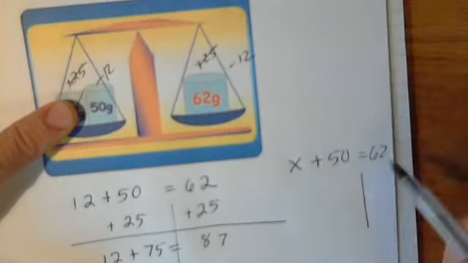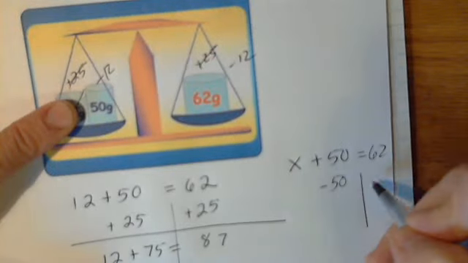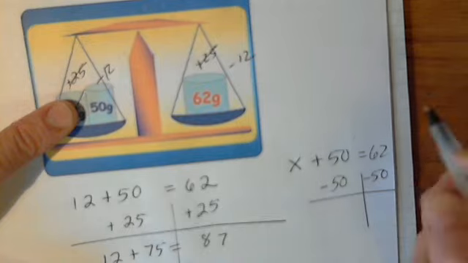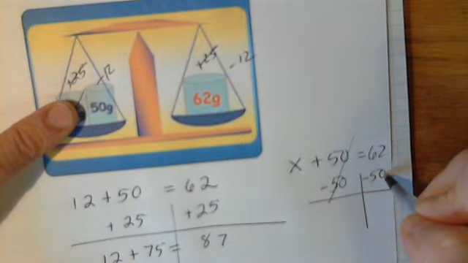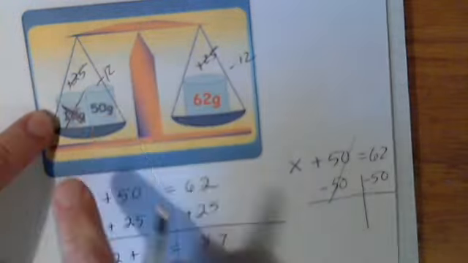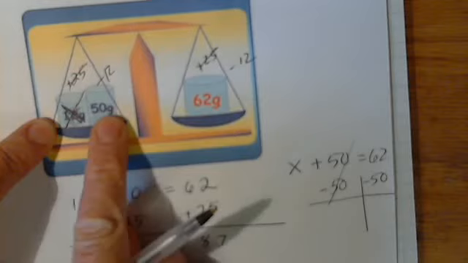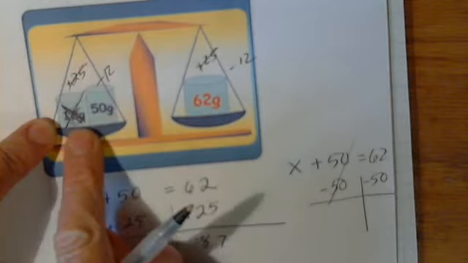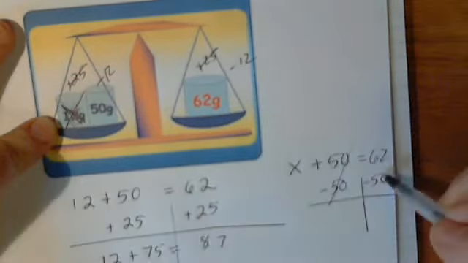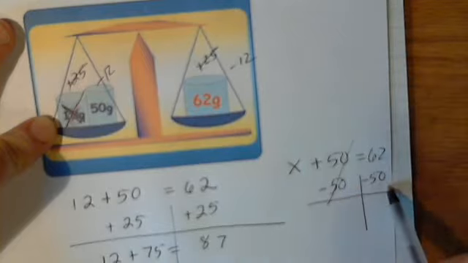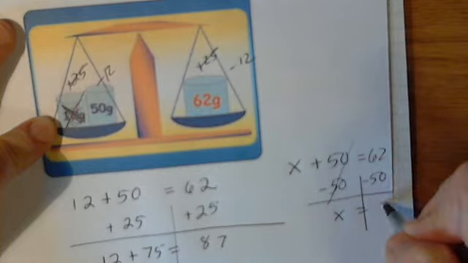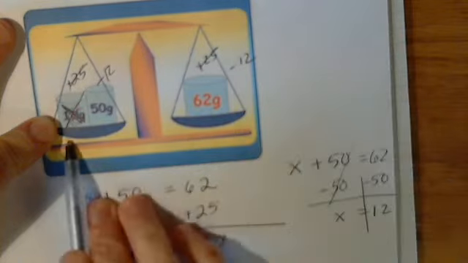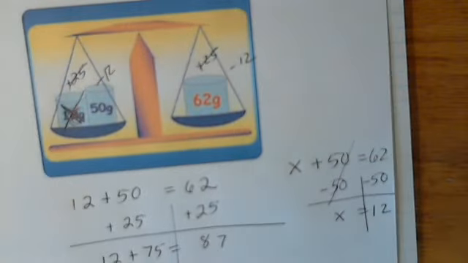Well, if we take 50 pounds off of this side, and we take 50 pounds off of that side, then we'd be able to find what that missing amount of weight is. If we take this away, then we'll have this alone, and we can find the weight of this all by itself. So what I do to one side of my scale, I do to the other, and I will have x equals 12 pounds. I'd find the mystery number.